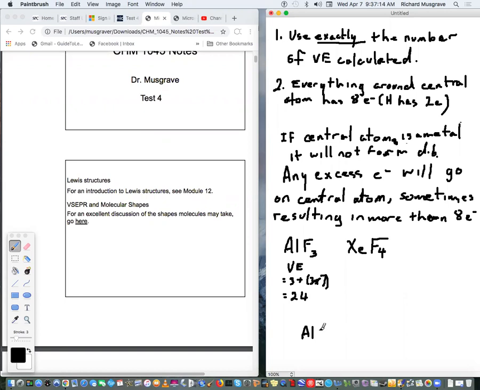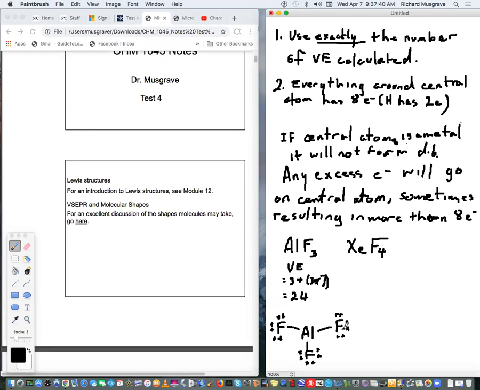Okay. So I don't have to go as far as showing you that on the periodic table. What we do is we put the F's around the Al atom, and then we give the F's enough electrons to give them 8.